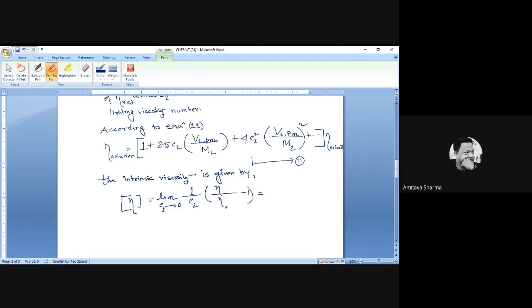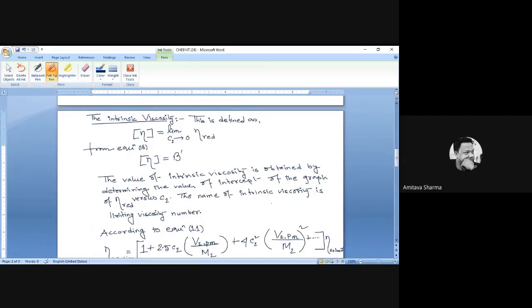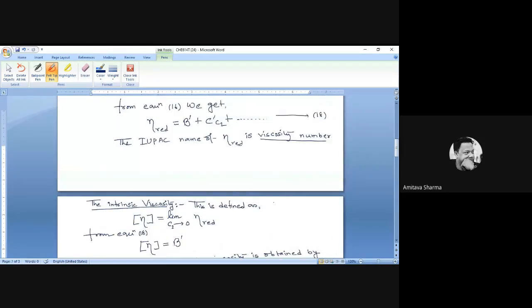So you can write it, the first term 2.5 V2 by M2, and this is equation 18.